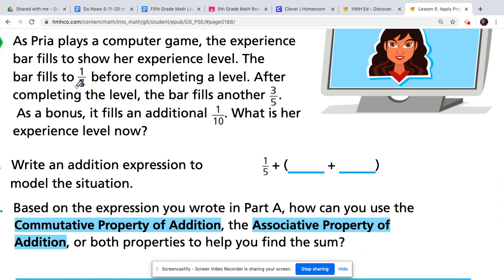We already know we have 1/5. They told us about the 3/5 that they gave her to fill in another, and they also said the additional 1/10. So I'm just going to fill that in right here, the 3/5 and the 1/10. I'm just putting them in based on the order that they told me in the story. And that's my expression.